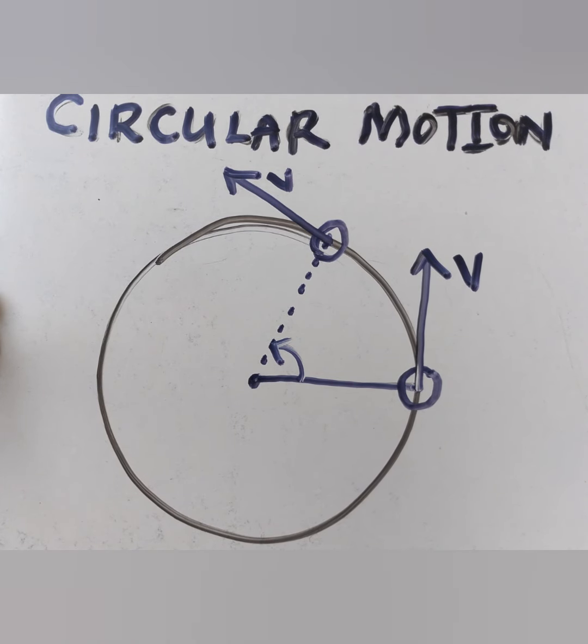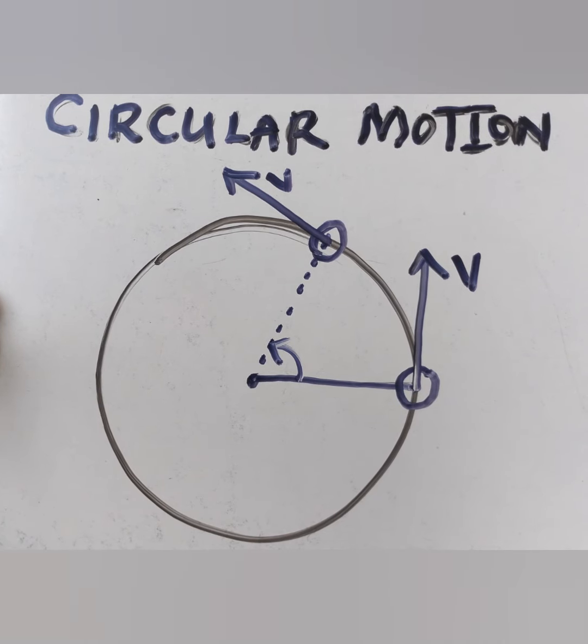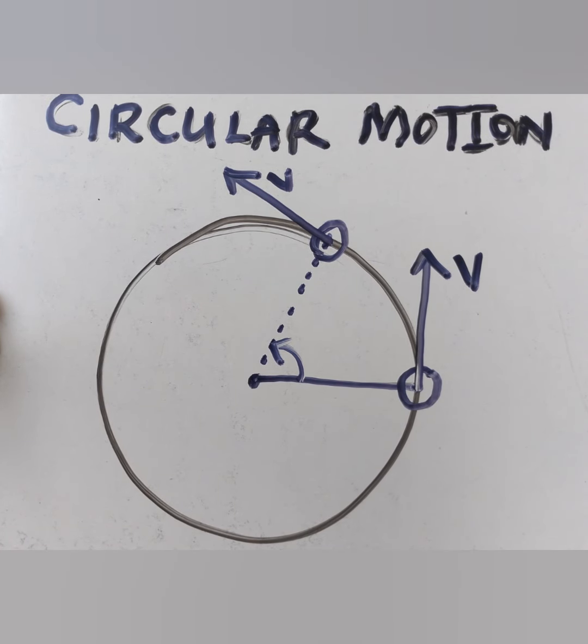If the velocity of the stone is changing in direction, don't forget velocity is a vector quantity, so it has both magnitude and direction.